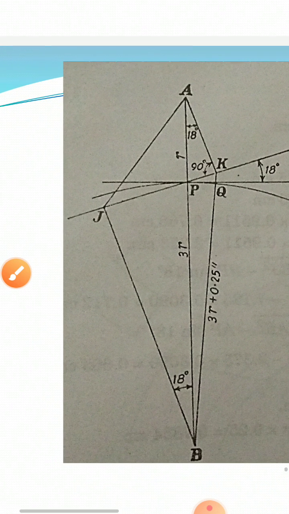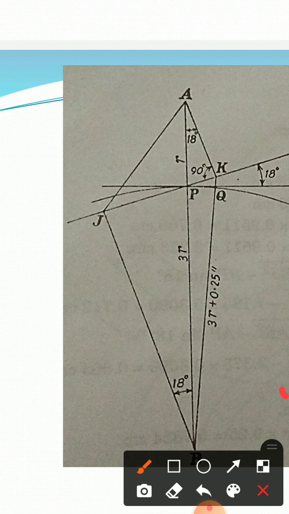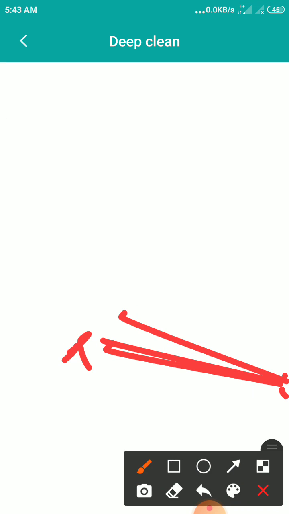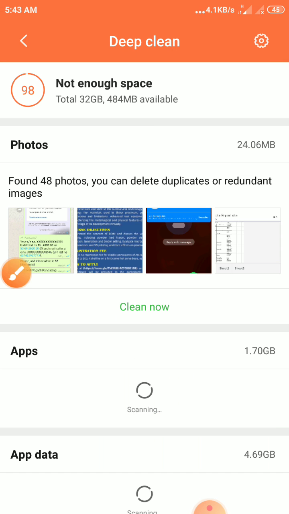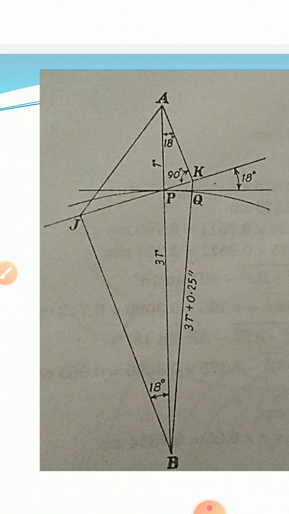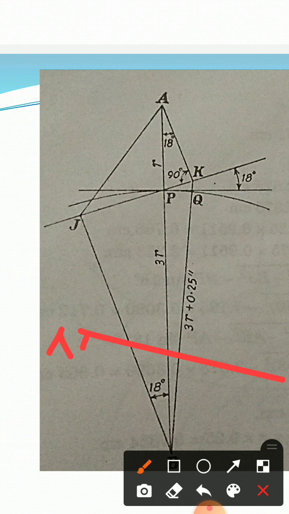So we have to find out this teeth. Module m is equal to d by t, and teeth is equal to d by m.